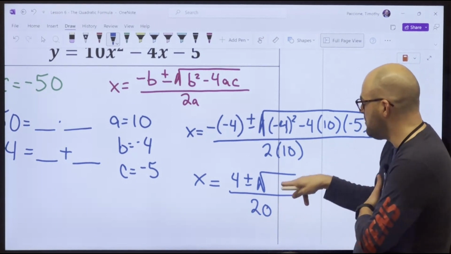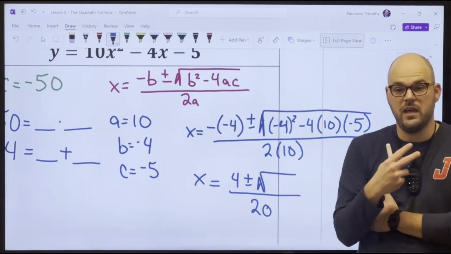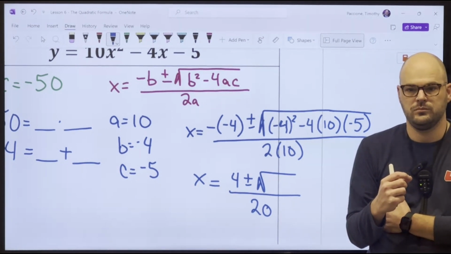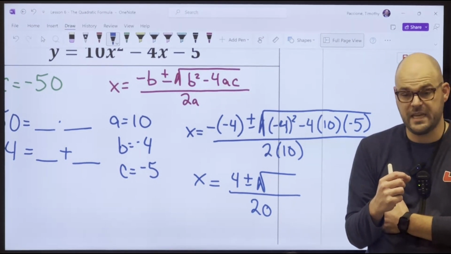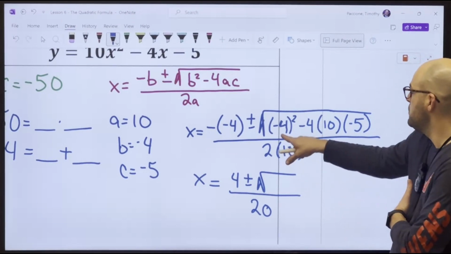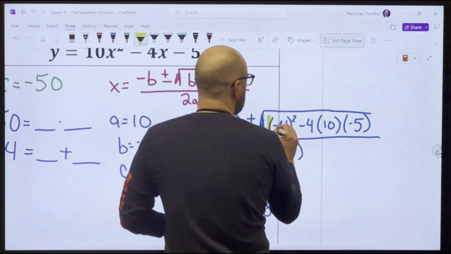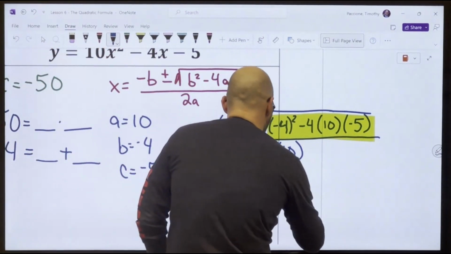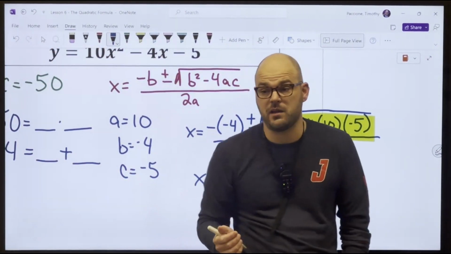Figure out what that number is under there, and then you write it in. So what is that number? Put this into your calculator. All right, it's 216.